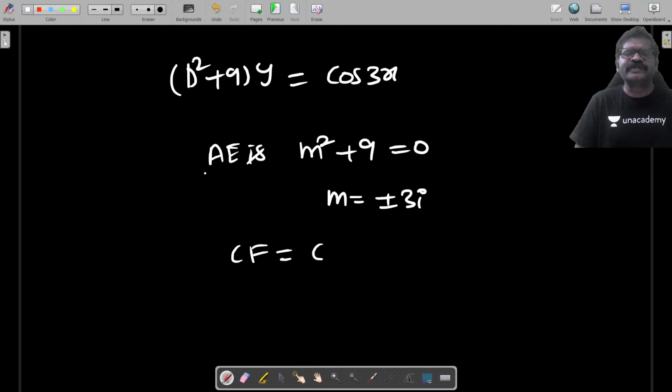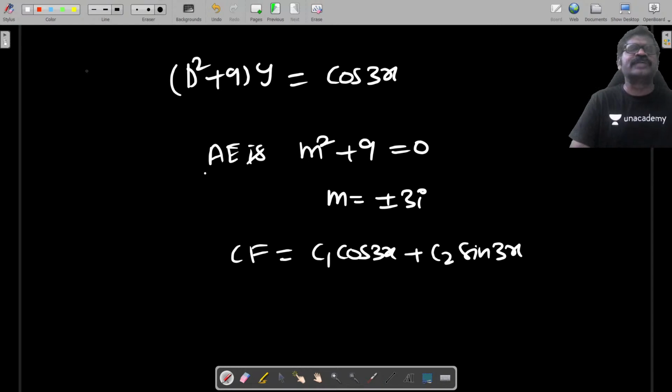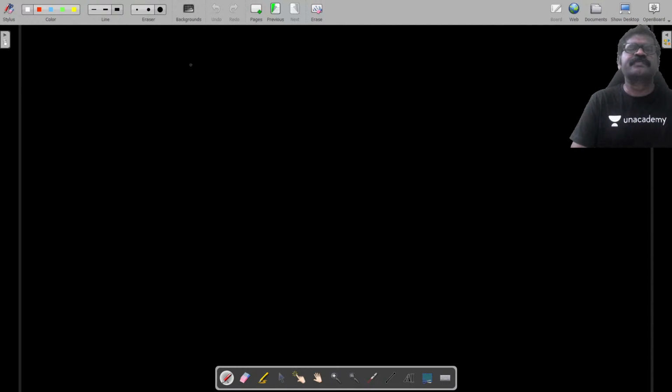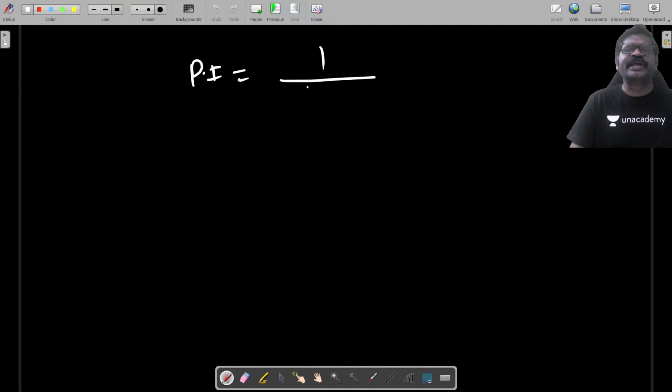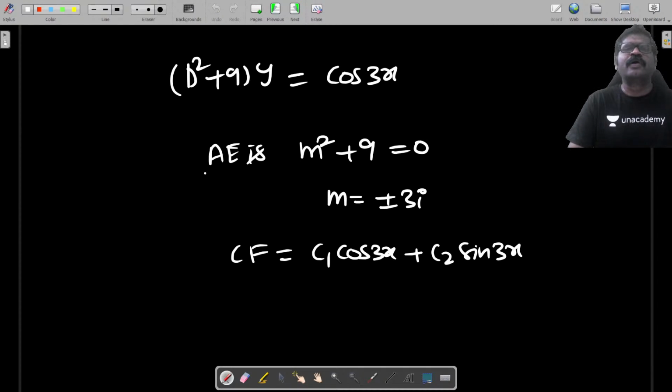Complementary function is c1 cos 3x plus c2 sin 3x. The particular integral is 1 by D square plus 9 of cos 3x.